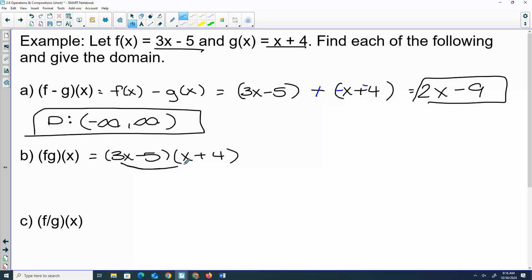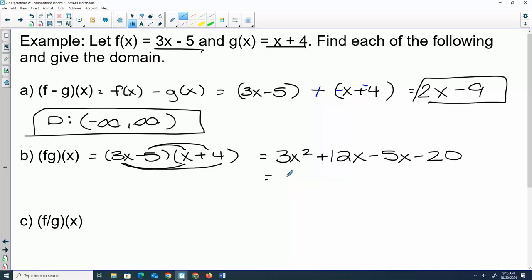So we get 3x squared plus 12x minus 5x minus 20, or 3x squared plus 7x minus 20. So if there's no numbers to plug in, our final expression still has variables.